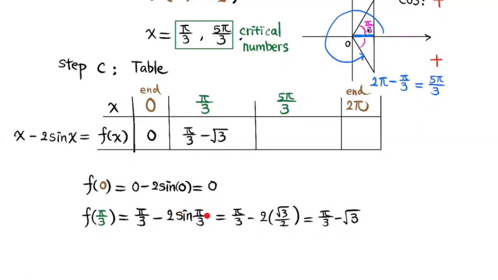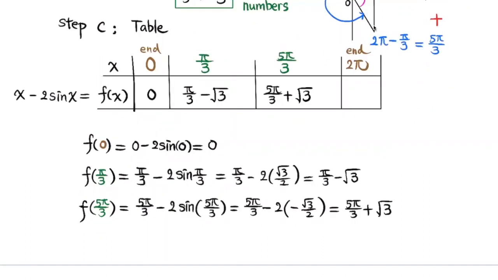Sine of pi over 3 is root 3 over 2. So the result here is pi over 3 minus root 3, and we put it over here. We have f of 5 pi over 3 is 5 pi over 3 minus 2 sine of 5 pi over 3.